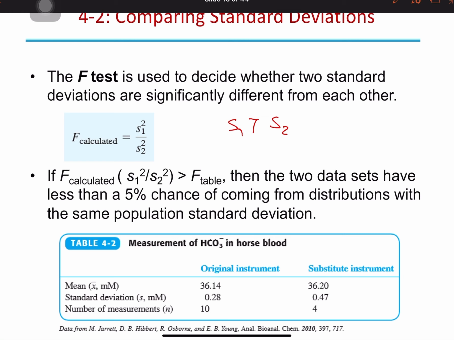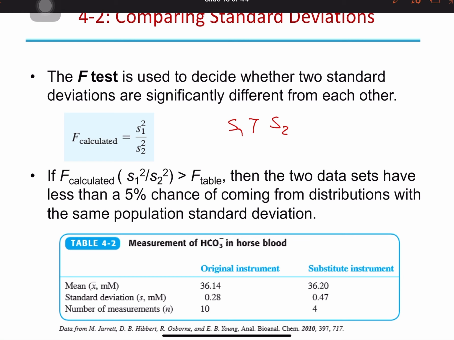There is usually a certain level of confidence here. So usually the F-test is at 95% confidence level, that means that if the F calculated is higher than the F from the table, there is less than 5% chance that the two standard deviations came from a distribution with the same population standard deviation. So they are significantly different.